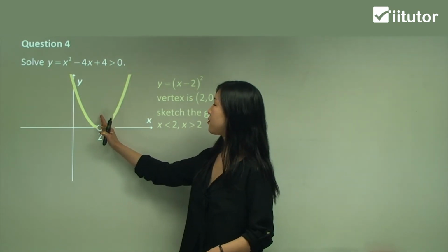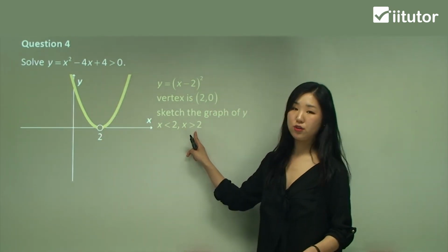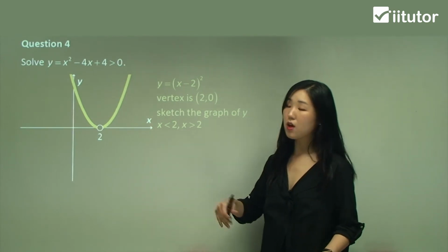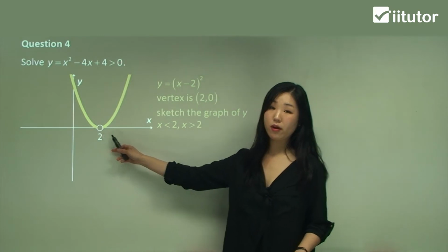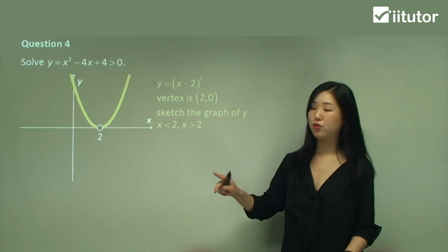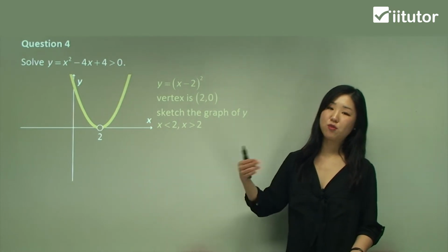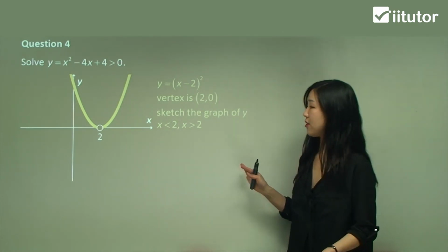And this part is where it's greater than 2, again not including 2. So in this section, although it's exactly the same as the previous question, because we don't include that point 0, we'll have to put in 2 distinct solutions. One's where it's less than 2, one's where it's greater than 2. That's the solution, guys. Can you see it?